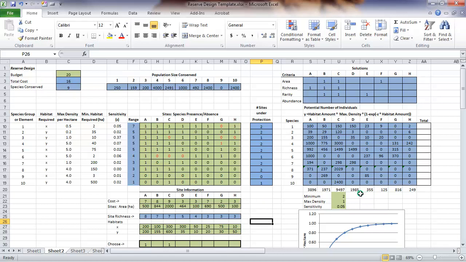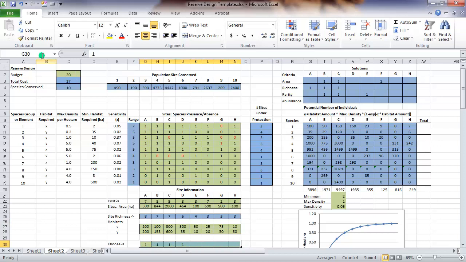And our next site would be site D. That still does not get us anywhere because we're still at 9 species conserved. That means we need to include site B as well. And there we have a solution where we've tried to maximize the abundance of individuals across all of our species.